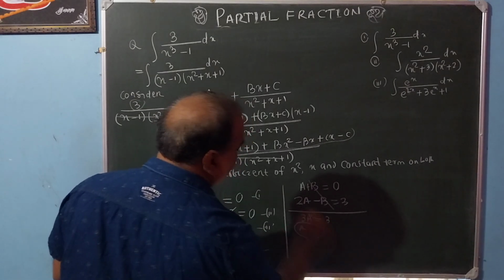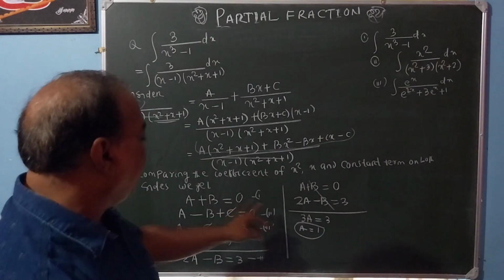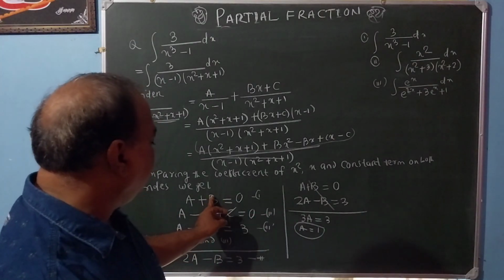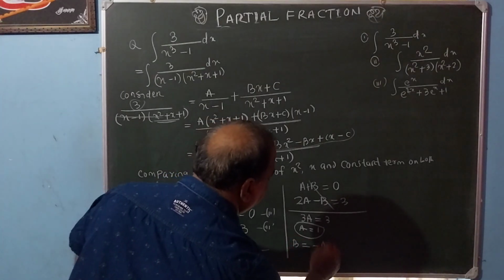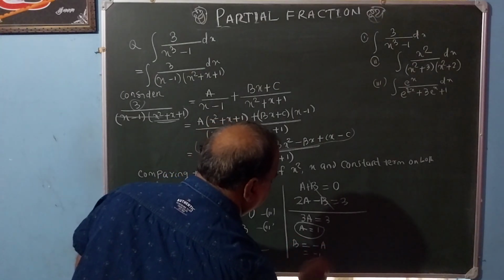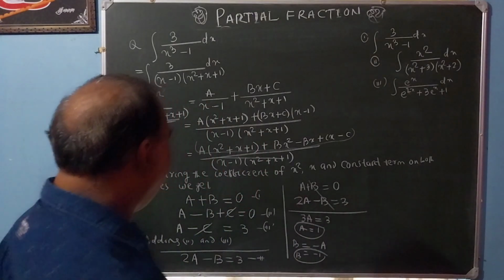When a is found, b can be easily found. Putting the value of a in the first equation, b is equal to minus a, that is minus 1.